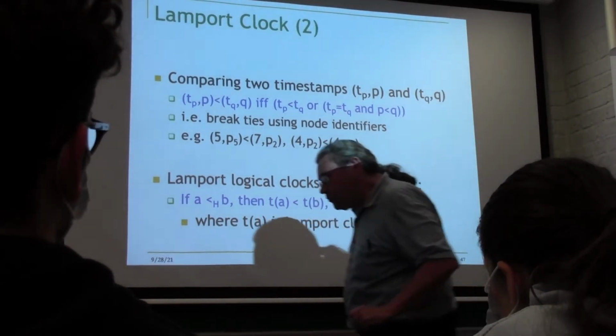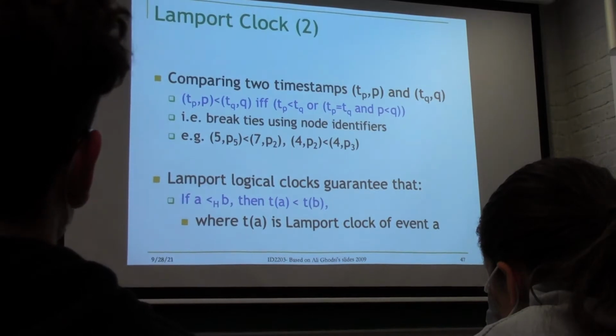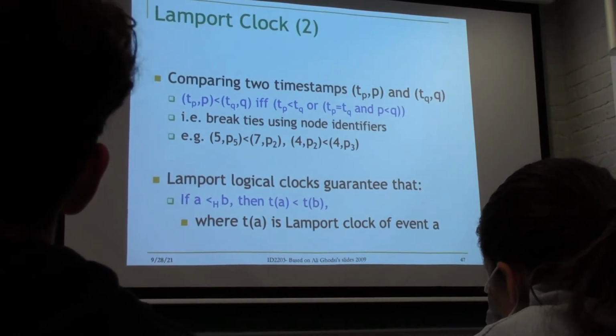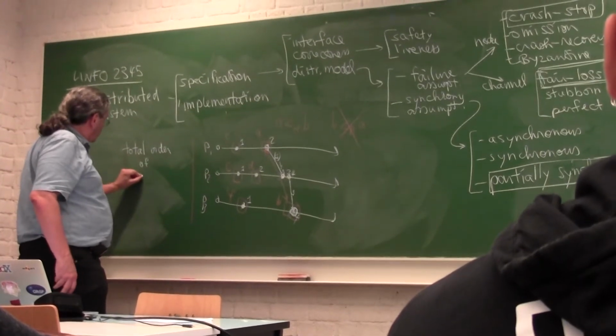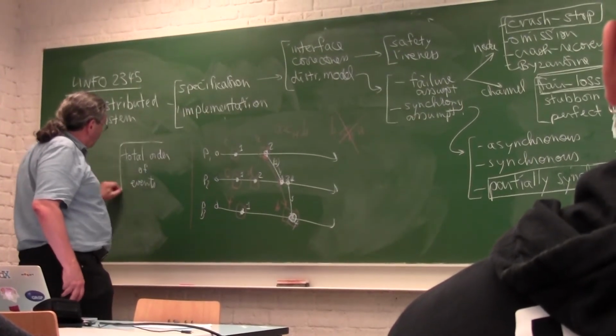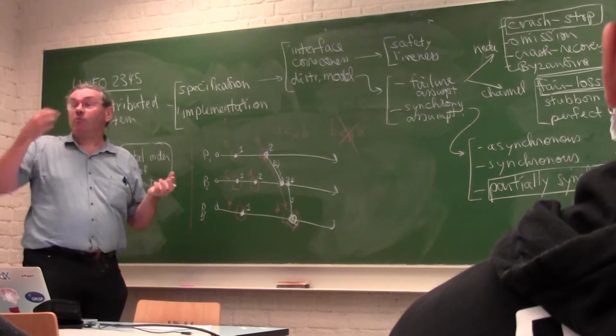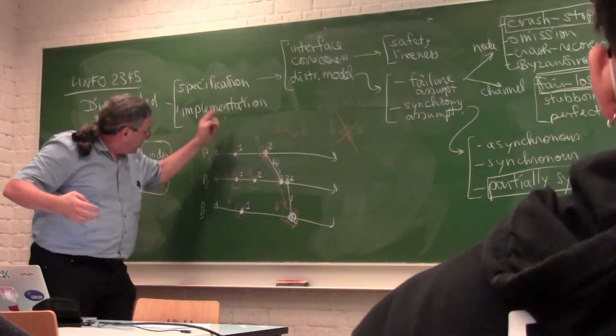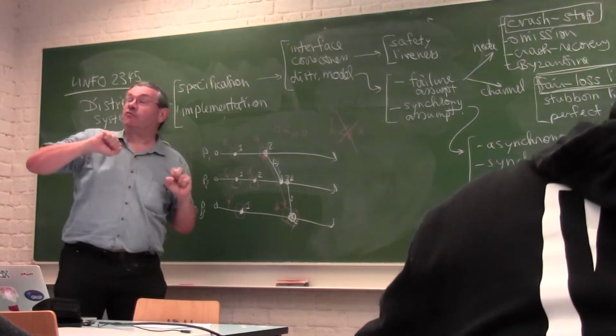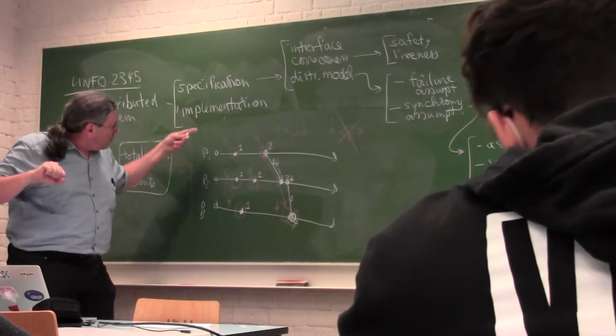But we can still do something interesting with the Lamport clock. We can make a nice trick. Let's say we want to invent a total order of events. We want to invent some order that we can compute that will take all these events, A, B, C, D, E, F, and rank them in a total order, which is the same everywhere.